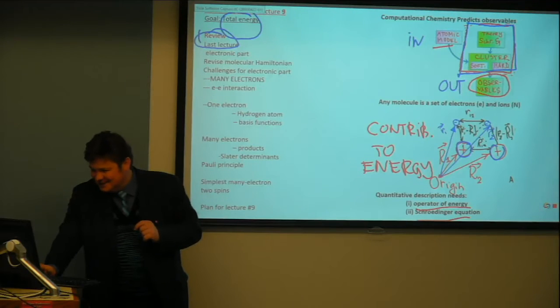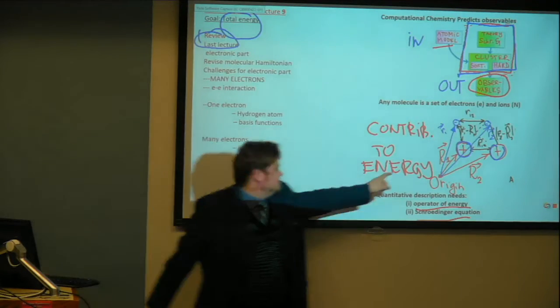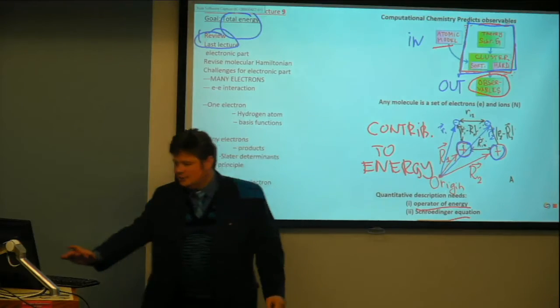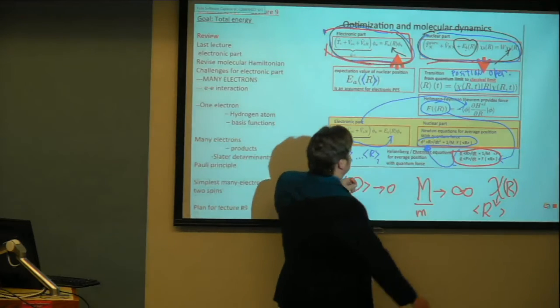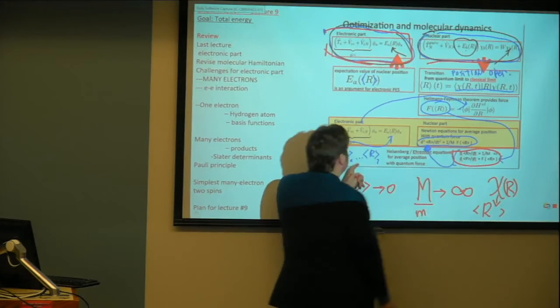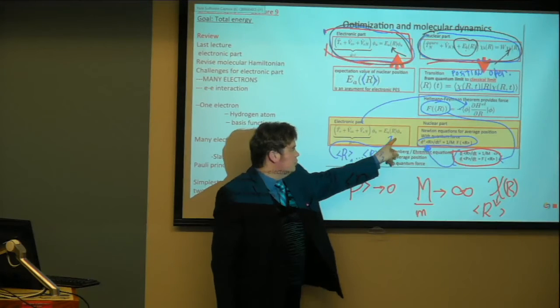And here is a brief summary of our previous lectures. We consider nuclei and electrons, set up the equations, and split the nuclear degrees of freedom and the electronic degrees of freedom. From now on, we are focusing only on this equation.